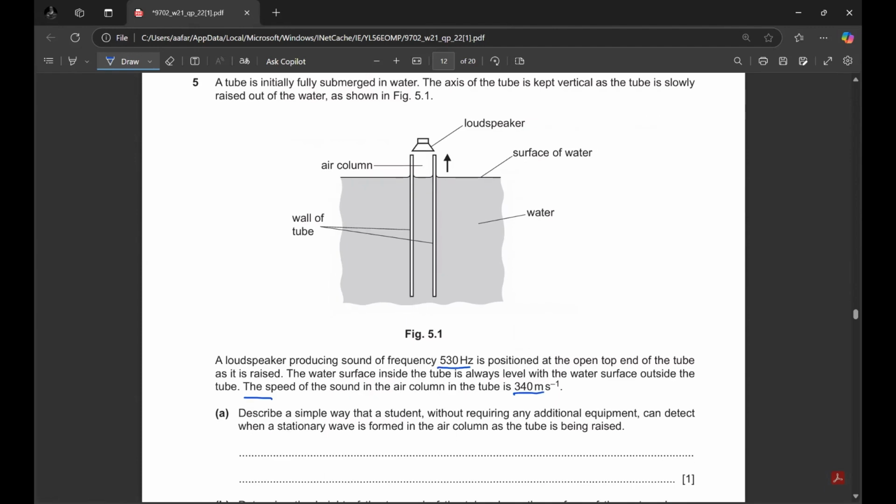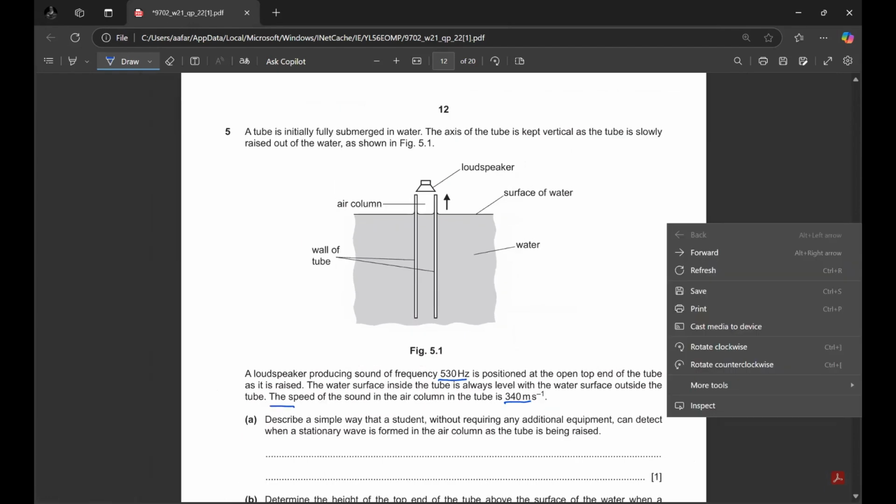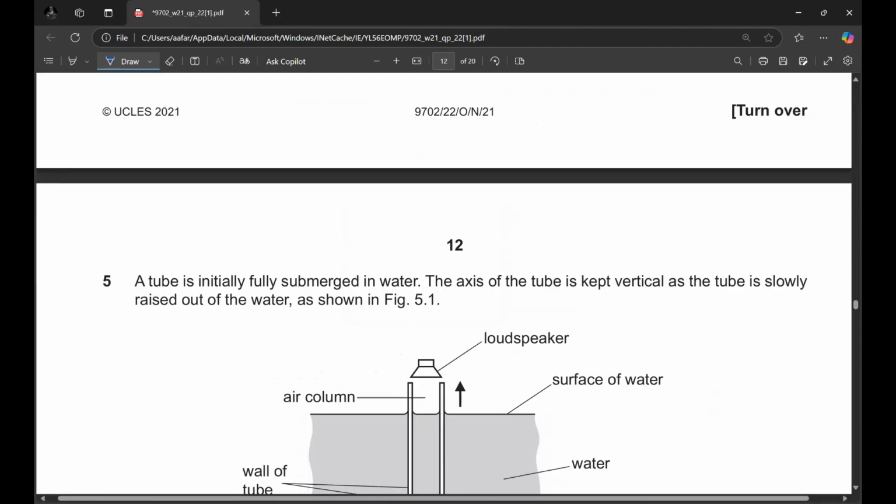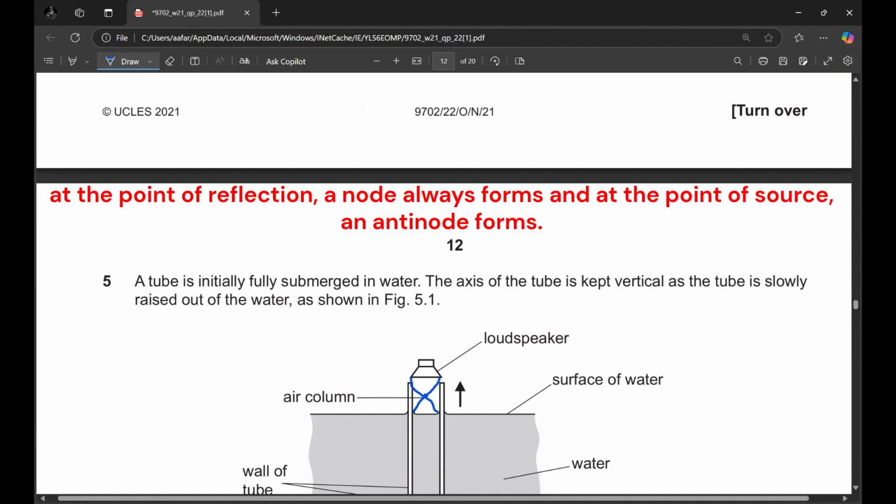Describe a simple way that a student, without requiring any additional equipment, can detect when a stationary wave is formed in the air column as the tube is being raised. So you know that when a stationary wave forms, at the source there's always an antinode. Let's say this is a node. This is what a stationary wave might look like.